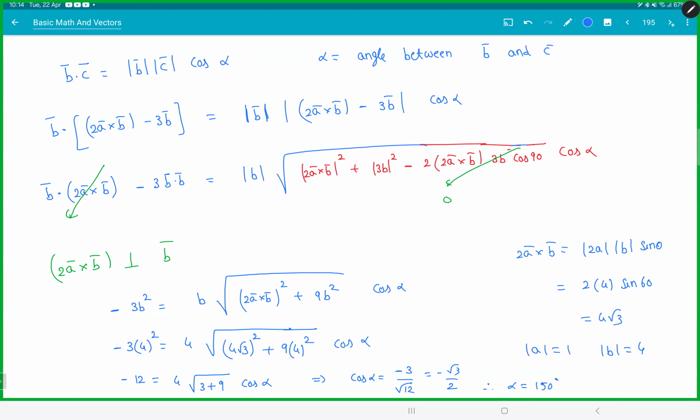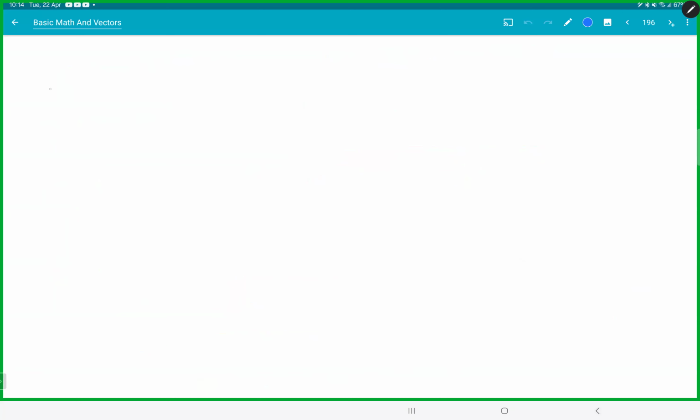How did you get that under the root? Dekho, I'll write this thing here. So 2a cross b bar minus 3b bar. Come on, right? So let's call this thing c bar. Let's call this thing d bar. So this is as good as c bar minus d bar. Agreed?